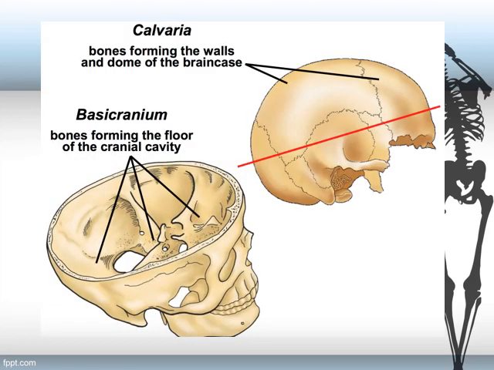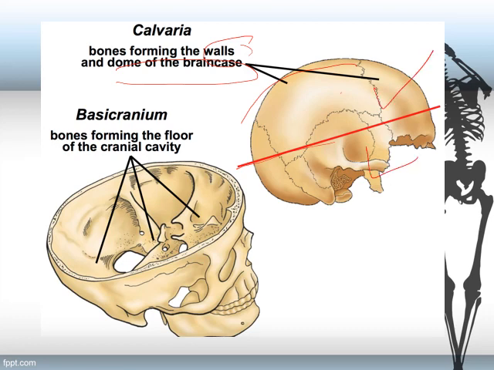So we have here the calvaria. They are bones forming the walls as well as the dome of the brain case. This is the upper portion. This is the line here that divides the upper portion and the lower portion of the brain.